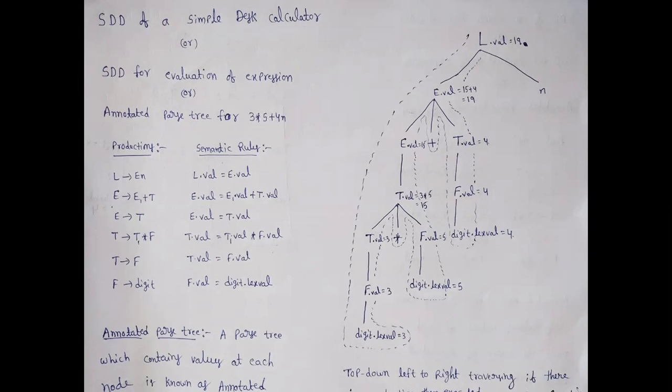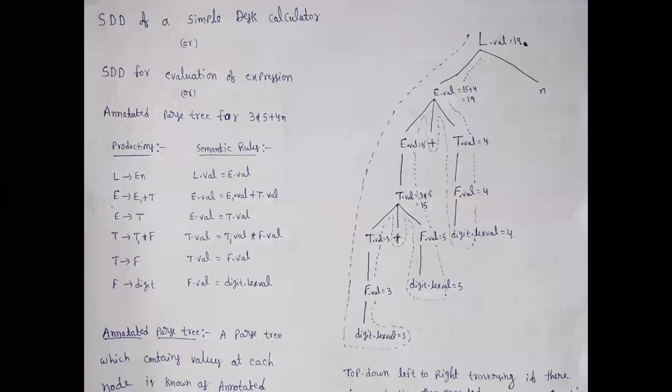So what is a parse tree and what is an annotated parse tree? We construct a parse tree and convert it into an annotated parse tree by using values. So what does annotated parse tree mean? A parse tree which contains values at each node is known as an annotated parse tree. So this is a simple example.